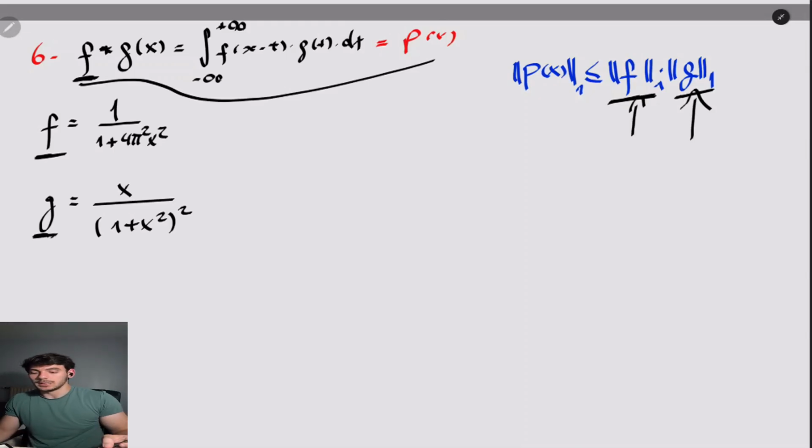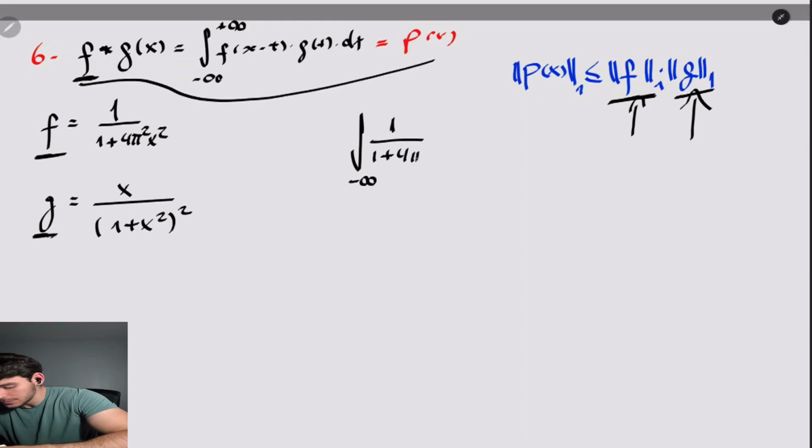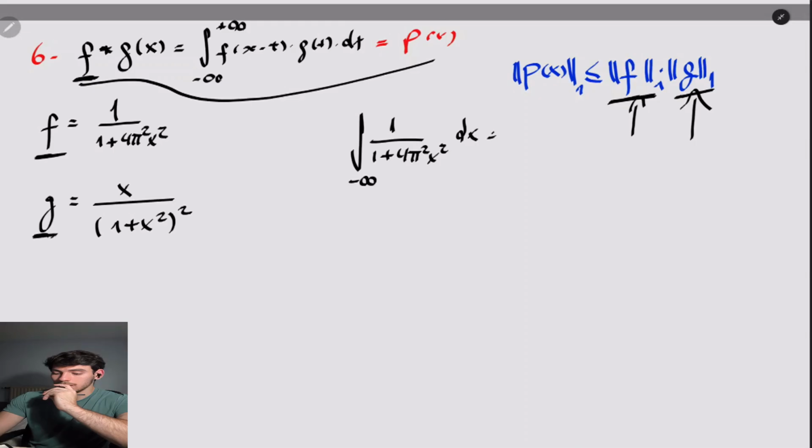We can do that in different ways. You can do this precisely by integrating f on the real numbers. You're going to do this integration here, with the modulus, but here we have x squared, so it's the same. You are going to do this using the primitive that will be arctan, so trigonometric integration.